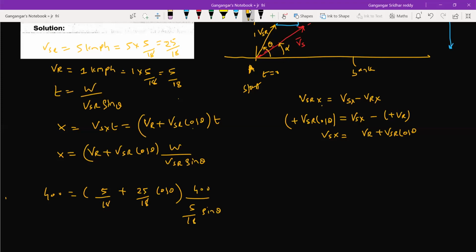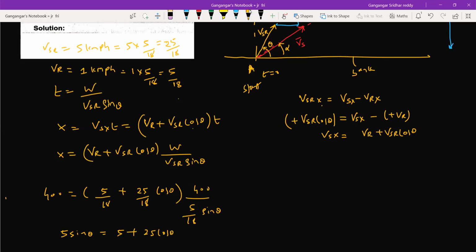I think that 18 will cancel out, 400 will cancel out, so we'll end up with 5 sin theta over 5 plus 25 cos theta.